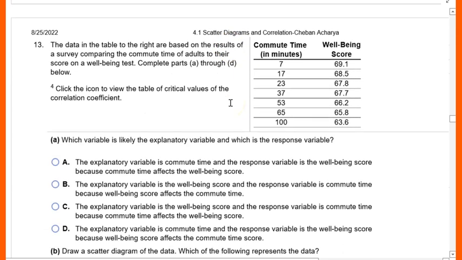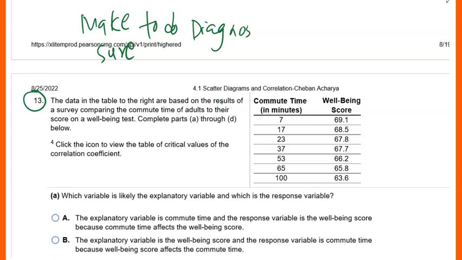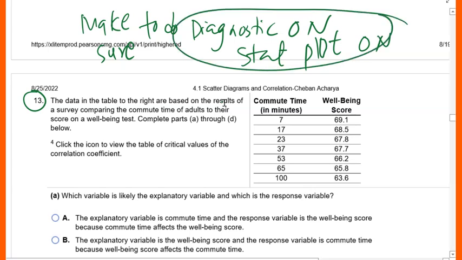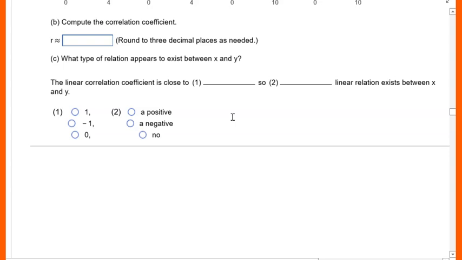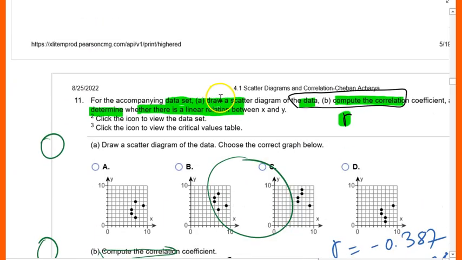Again, make sure that you do diagnostic on and stat plot on in the calculator. Now again, if you want, you can watch the homework video, question number 11.